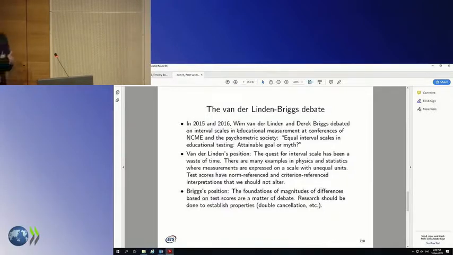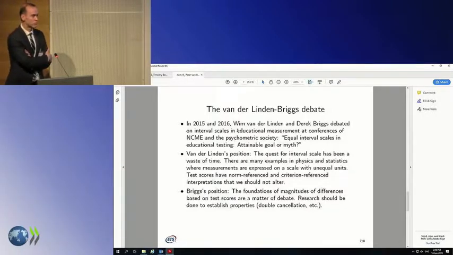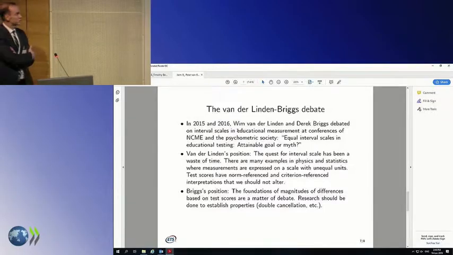And then Derek Briggs' point of view was a little bit different. It's not surprising, since if you know his background, he was a student of Mark Wilson, who was a student of Benjamin Wright. And Benjamin Wright was one of the main advocates of the Rasch model in the United States. So he argued that the foundation of magnitudes of differences based on test score are a matter of debate, and we should conduct research in specific cases to establish properties such as interval scales and equal units.